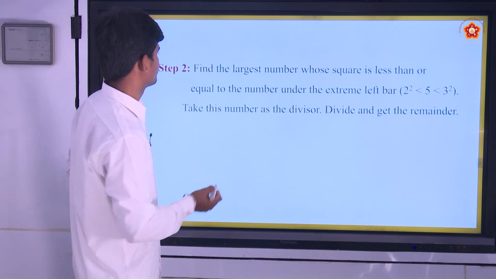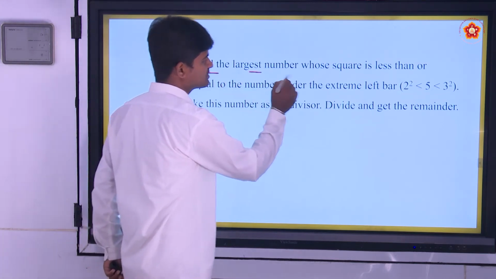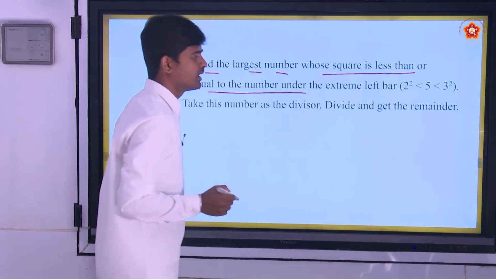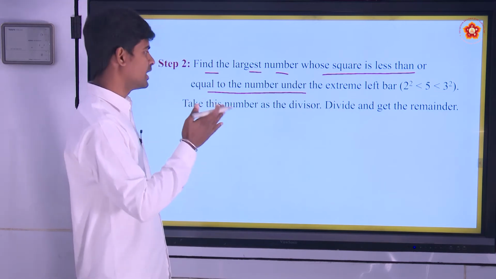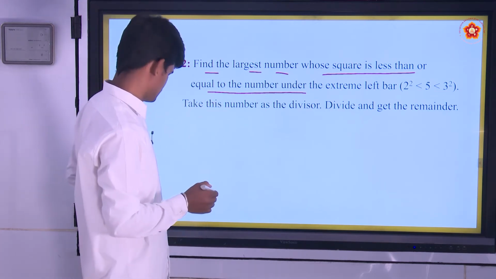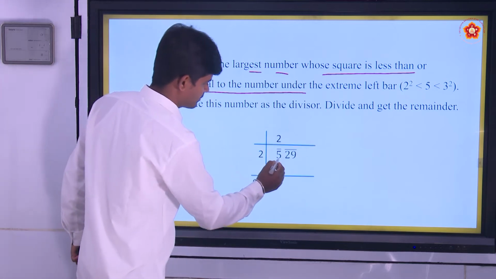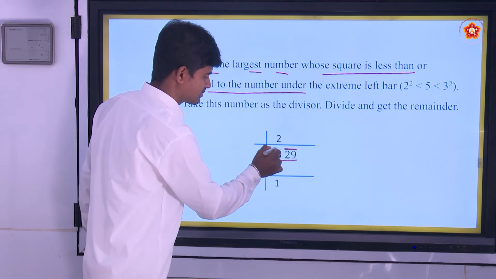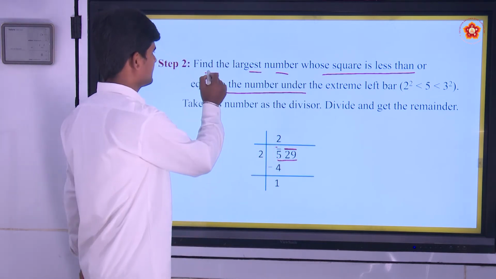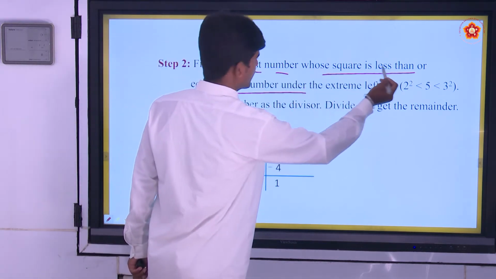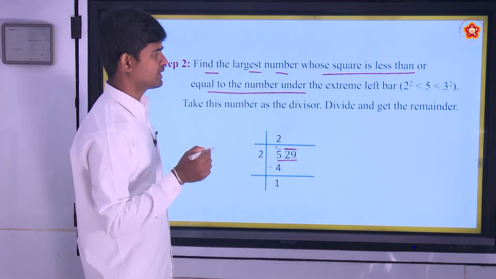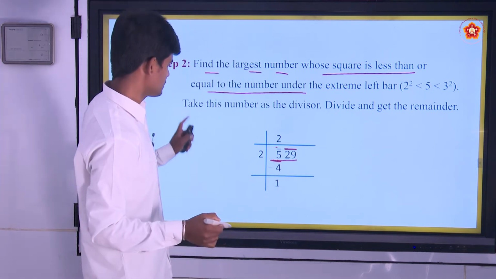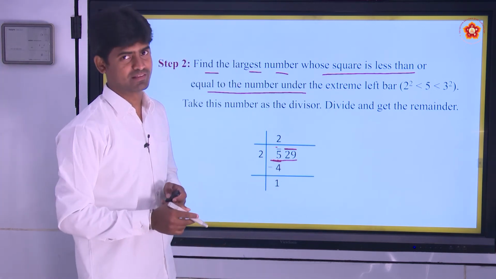Step 2, find the largest number whose square is less than or equal to the number under the extreme left bar. Suppose we have already put a bar on this number. Find the largest number whose square is less than or equal to the number under the extreme left bar. Take this number as a divisor.